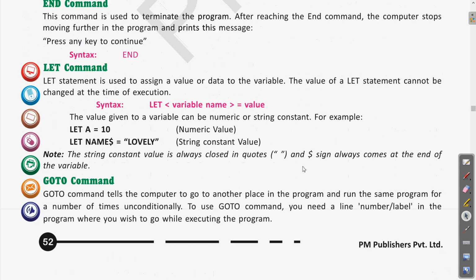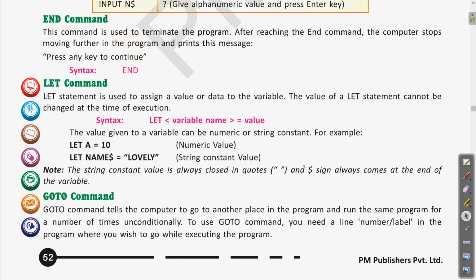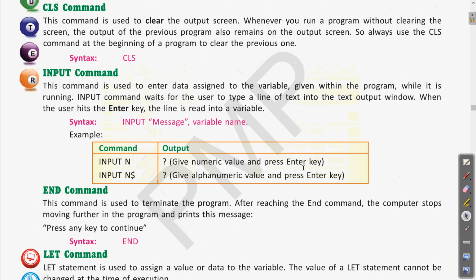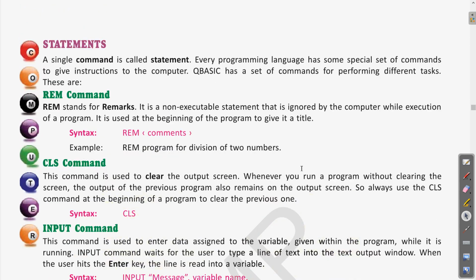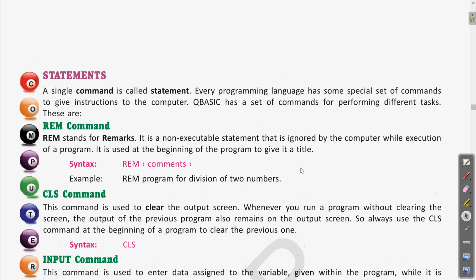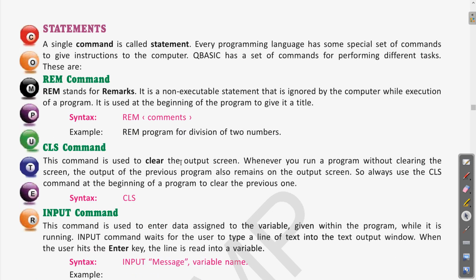Whatever commands we have seen, like goto, let, int, input, cls, then rem, read all of these and write their syntax in the copy. Whatever commands we have read today, write the name of the command, its syntax and an example of each. Clear? This way you can learn and understand these in a better way.